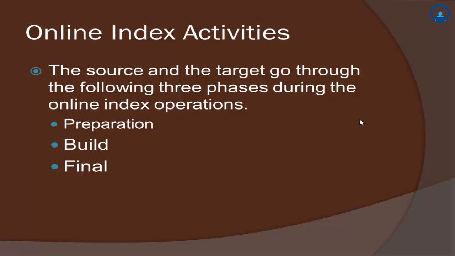In this case, the table is the source, whereas the clustered index is the target. The source and target activities and concurrent user operations such as select, insert, update, and delete in each phase is done in the build phase.